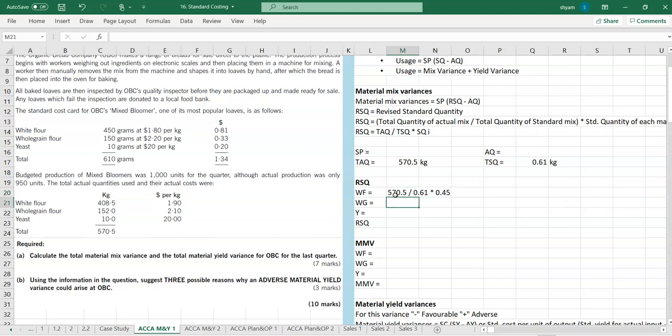So similarly to that, we have to find out this. See, the TAQ will not change, TSQ will not change. What will change is the SQ, the last one, that alone will change. So this will be 150 grams. So 150 grams will be 0.15, and last is 10 grams.